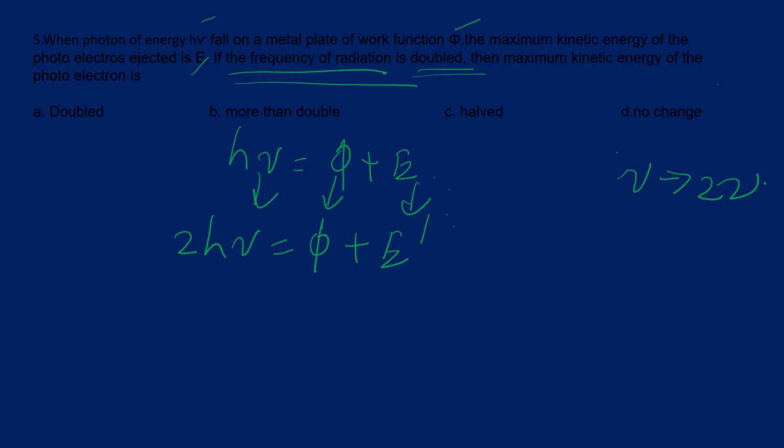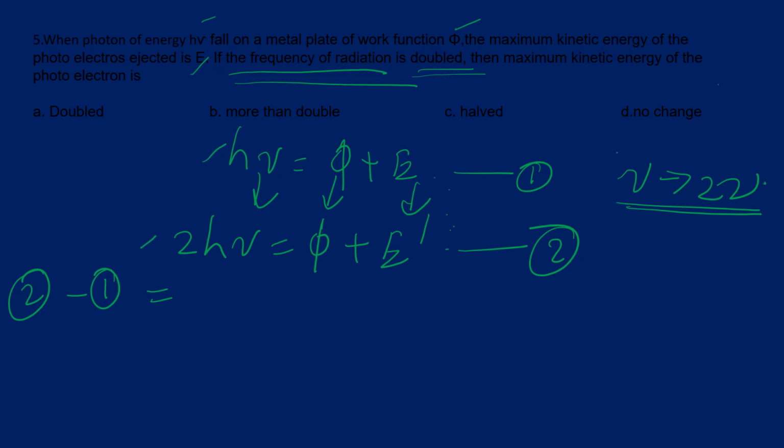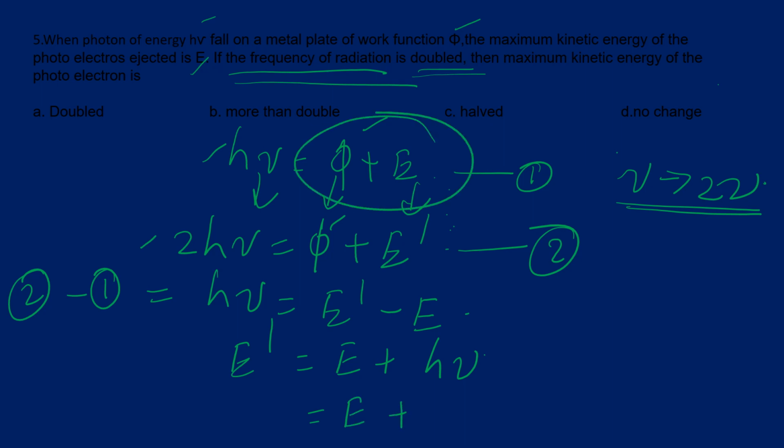That means when frequency varies, the kinetic energy of the electron also varies. So you will get two equations. Equation 2 minus 1 gives 2h nu minus h nu, that is h nu only. Phi and phi get cancelled. So E dash minus E equals h nu, or E dash is equal to E plus h nu. We know that h nu is E plus phi.